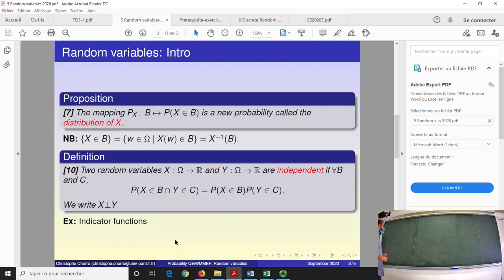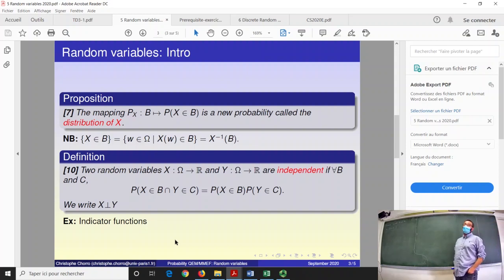So I remind you that two sets A1 and A2 are independent if, what is the definition? Of course I need an underlying probability, that is capital P here. What is the definition of independence for sets?